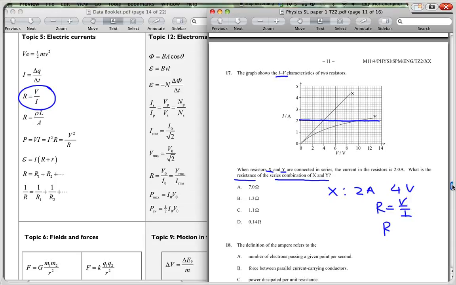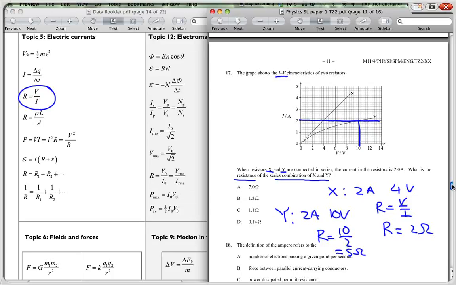So your resistance is going to equal 2 ohms. And for Y, you've got 2 amps and your voltage is 10 volts. So your R is equal to 10 divided by 2, which is equal to 5 ohms.